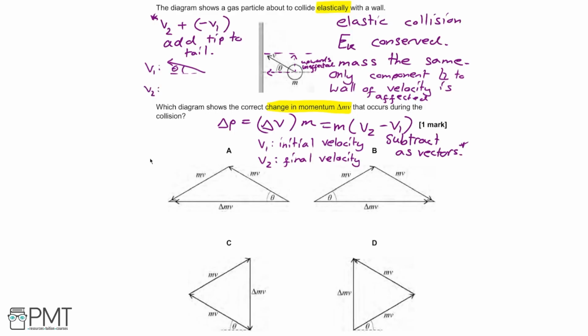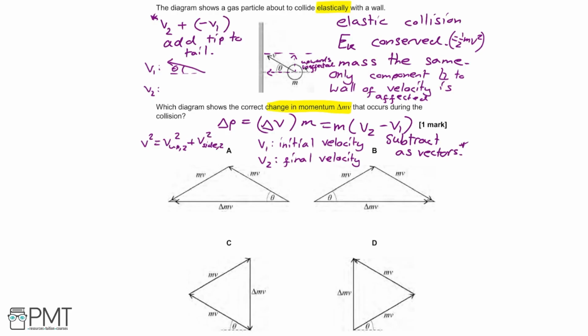Now as for v2, we need to figure out, using what we know about this being an elastic collision, what v2 will look like. Specifically, we can use the fact that the magnitude of the velocity is the same because kinetic energy is conserved and the mass of the particle is also the same, because this is the definition of kinetic energy, a half mv squared. So therefore, we know that v squared is going to be equal to the upwards component of v2 all squared, plus the sideways component.